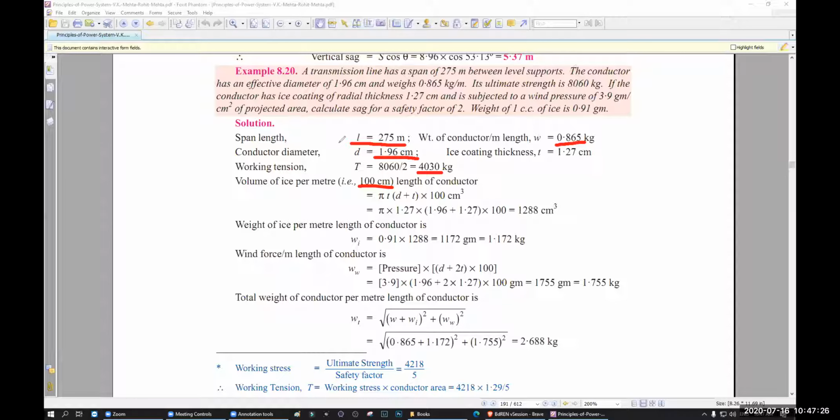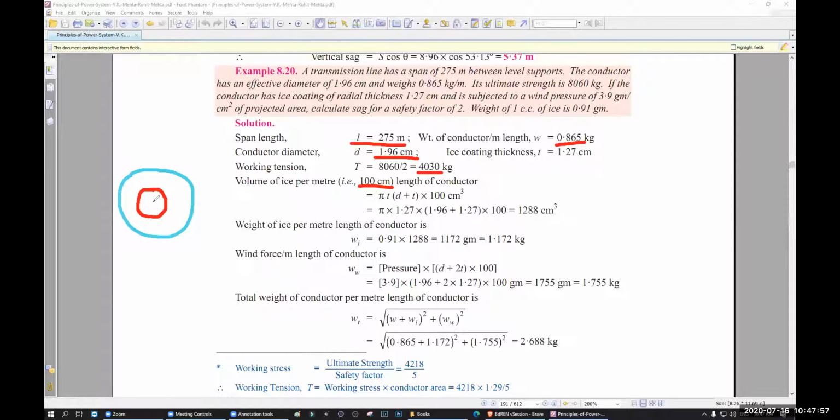Now what is given here? Remember, this is your conductor, and this is your ice. How can you find the volume of ice per meter of conductor?